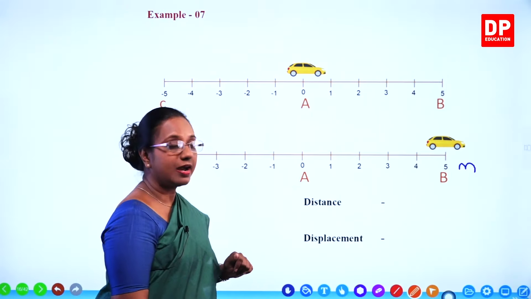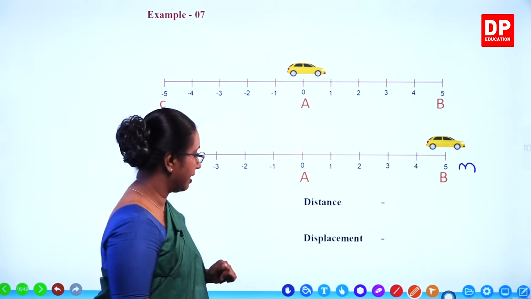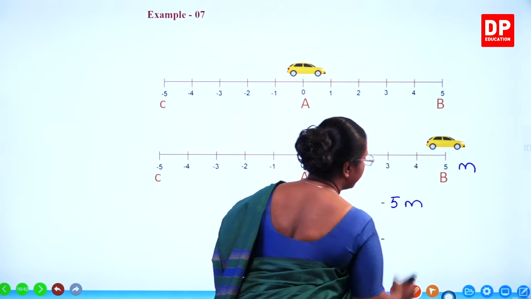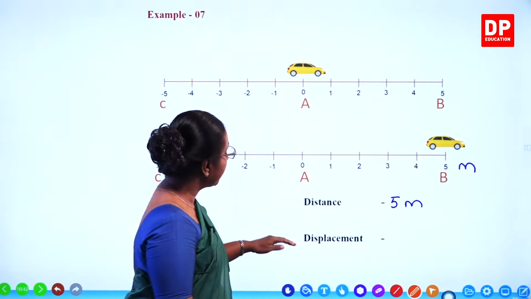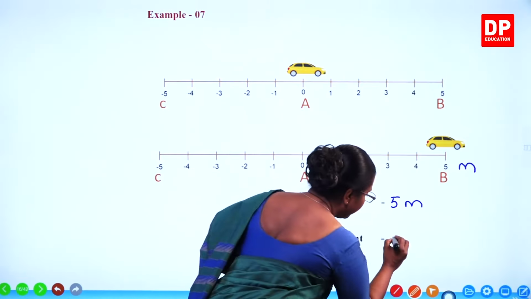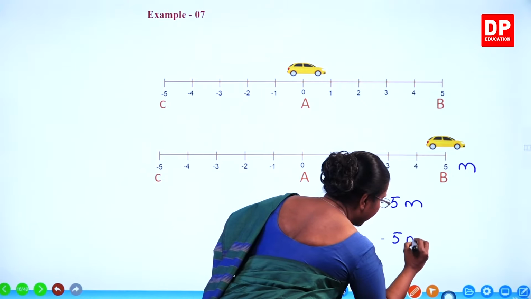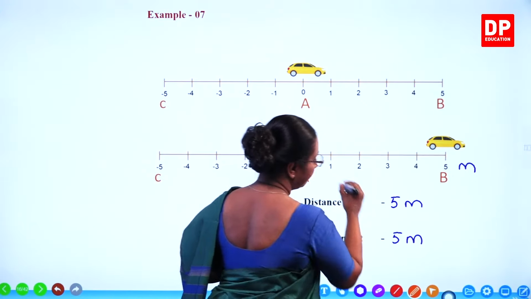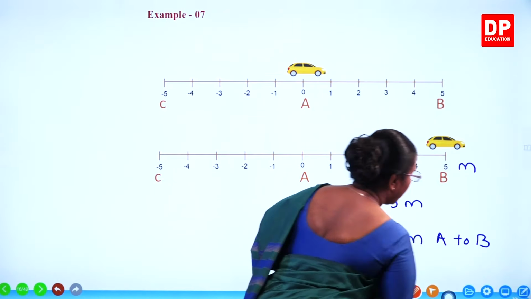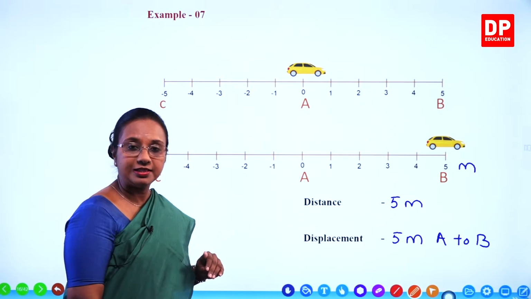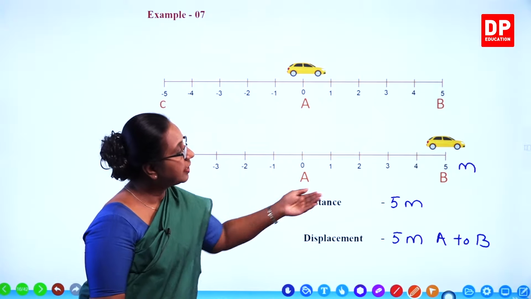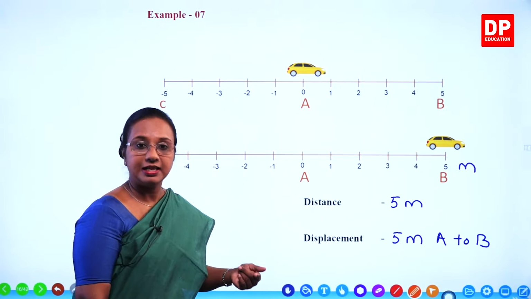Therefore, if we find the distance traversed by the car, it will be equal to 5 meters, only the magnitude. But if we look at the displacement of the car, again it's going to be 5 meters in magnitude, but the direction will be A to B. Always remember to write the direction for displacement. We will see what happens to the car in the next instance.